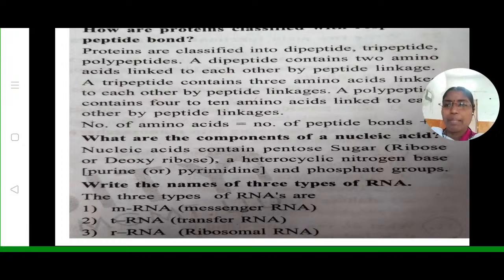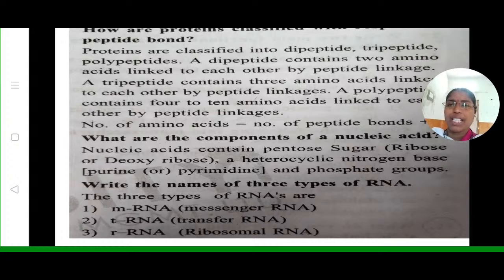So we are going to repeat it. How are proteins classified with the amino acids present in peptide bonds? Proteins are classified into dipeptide, tripeptide, tetrapeptide, etc. and polypeptides. A dipeptide contains 2 amino acids linked to each other by peptide linkage.